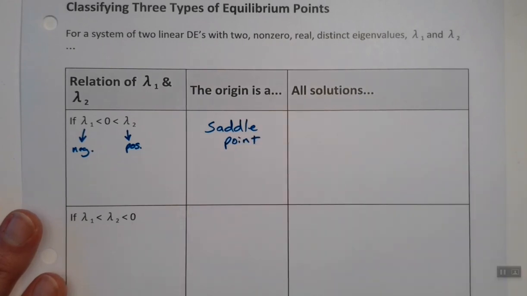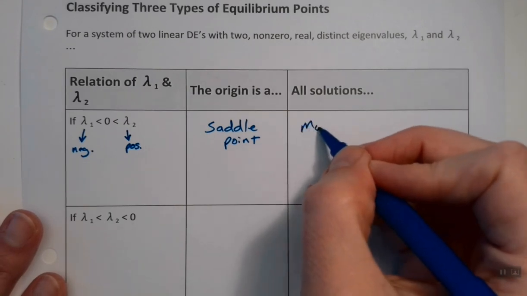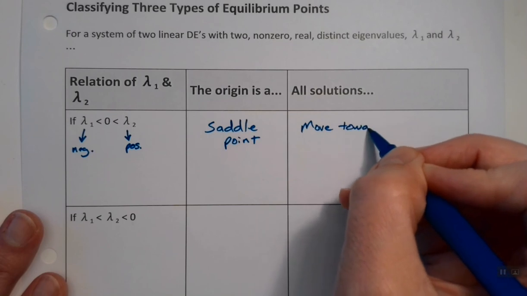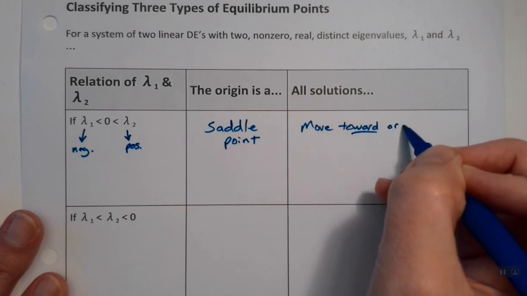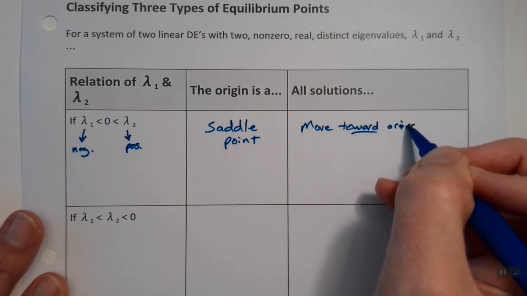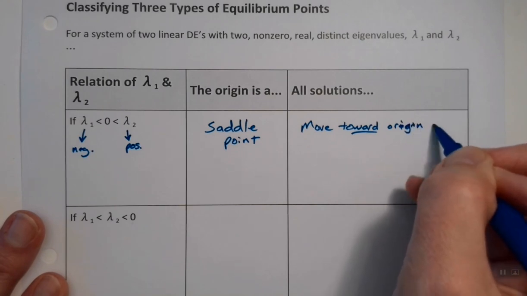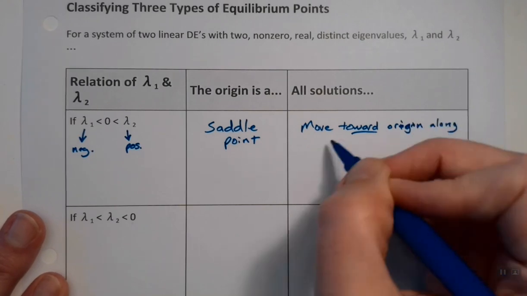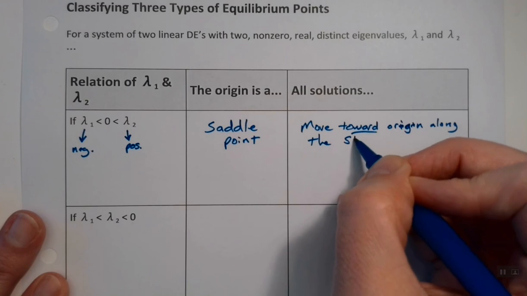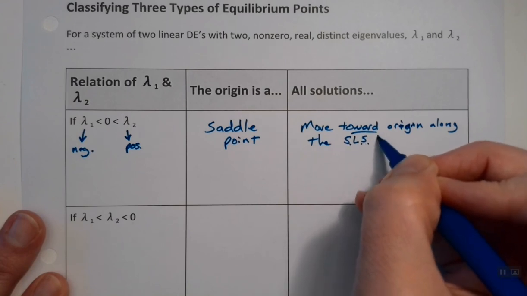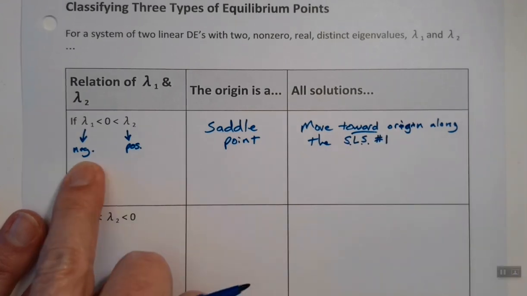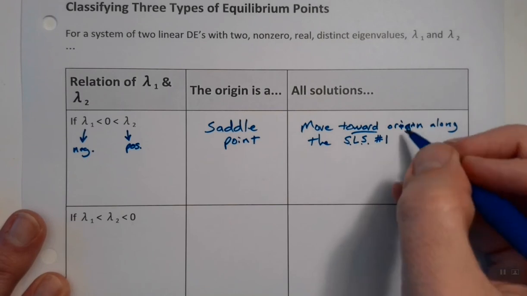And that means that all solutions, everywhere on the phase plane, thinking back to the previous example, are going to move toward the origin along the straight line solution number 1 direction, because it's negative.